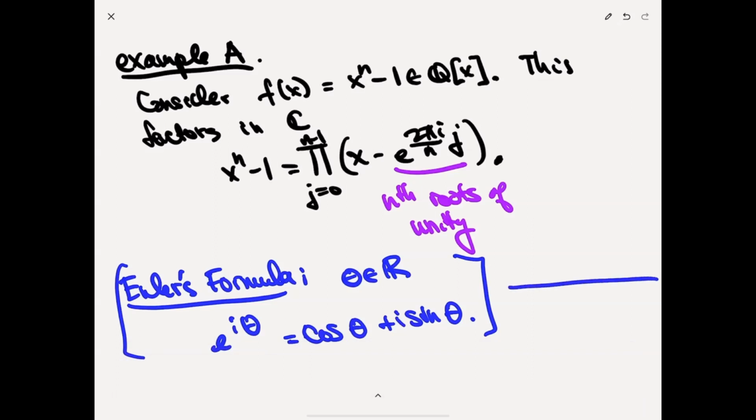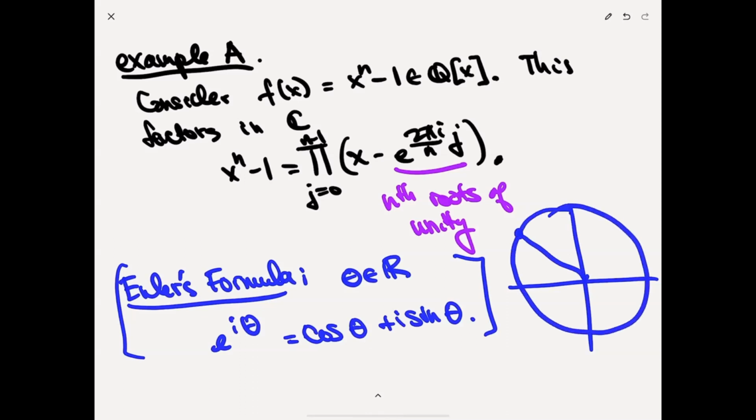So we're doing this in radians, and here's the unit circle, and this number in the complex plane. So this angle is 2 pi over 3, and then this angle here is 4 pi over 3.